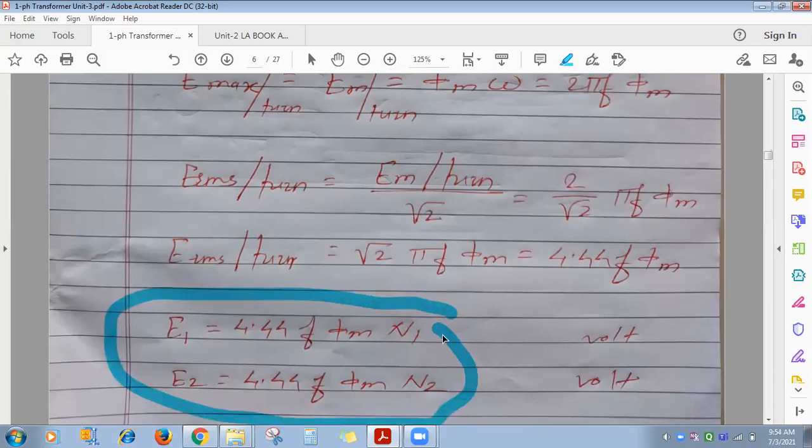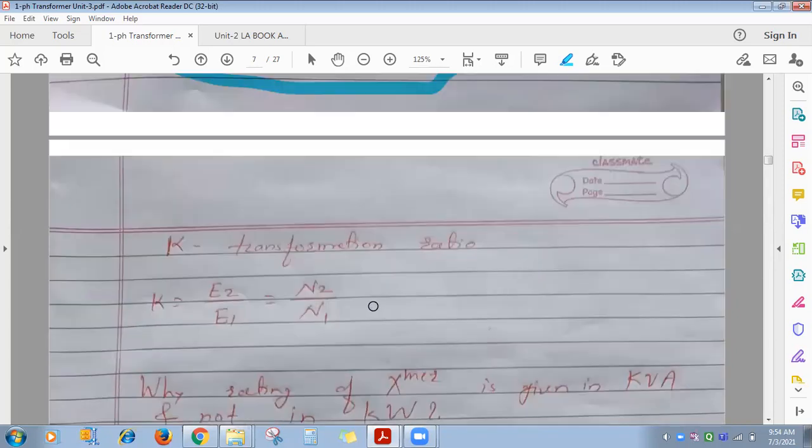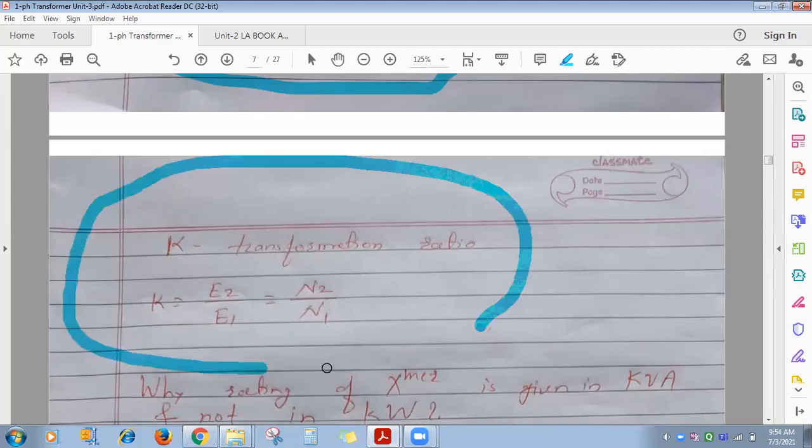E1 and E2 are constant, and the supply voltage V1 we keep constant. Now take the ratio E2 by E1. What will you get? N2 by N1. Very good. It is called capital K, the transformation ratio. So K equals E2 by E1 equals N2 by N1.